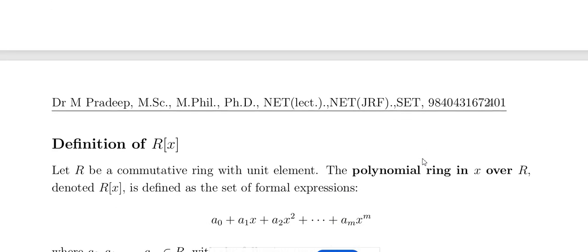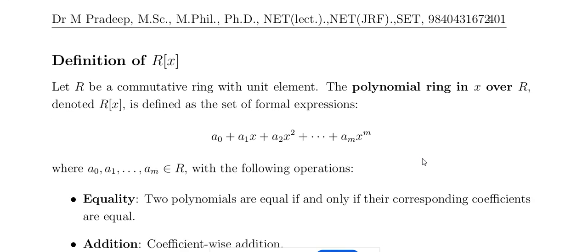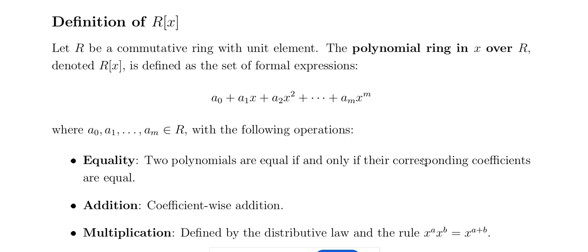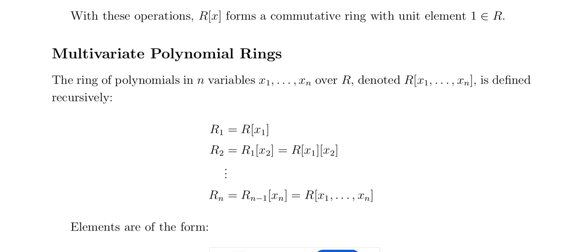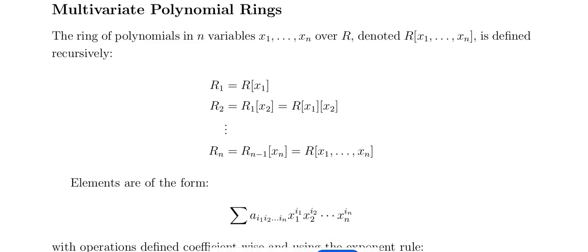Okay, you can check irreducibility for the given polynomial the way we checked. Here, let R be the ring, R of x, the polynomial ring in x over R, the set of formal expressions whose coefficients are real numbers. That is the ring of polynomials in n variables x1, x2, ..., xn over R, R of x1, x2, ..., xn, defined as R1 of x, that is R of x1, R2 of x, that is R1 of x2, that is R of x1, x2.